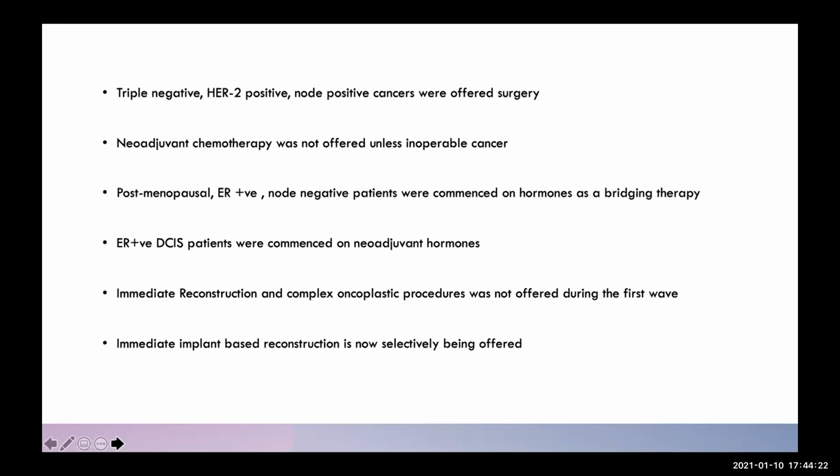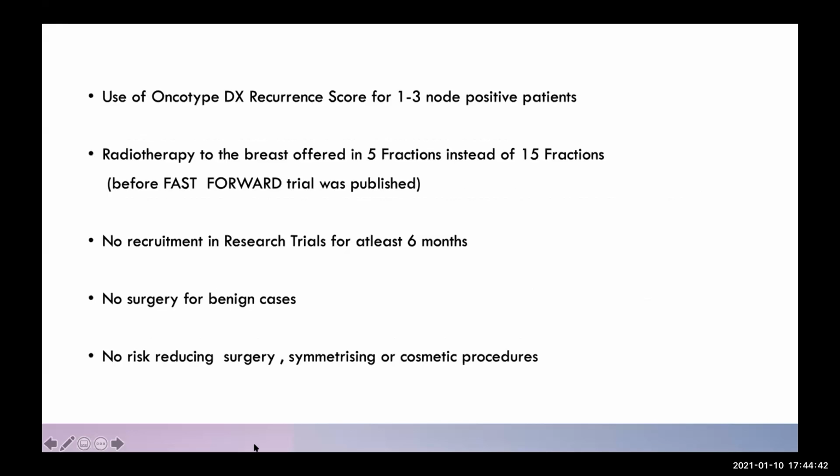This was something new and we started them on hormones, again as a bridging therapy. Flap reconstruction and complex oncoplastic procedures were not offered to any women during the first as well as the second wave. And recently, we started doing implant-based reconstruction only to selective women.